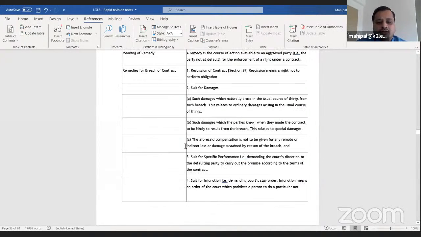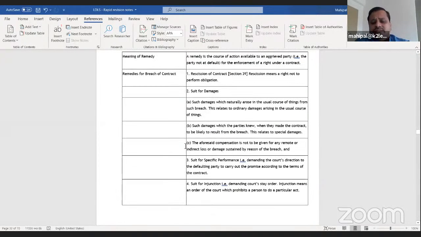Next comes suit for specific performance. Generally, this suit for specific performance is a court's order to carry on the contract as agreed. Whenever the monetary compensation is not an adequate remedy, then court awards such relief to the aggrieved party. It generally happens in cases where monetary compensation is not an adequate remedy.